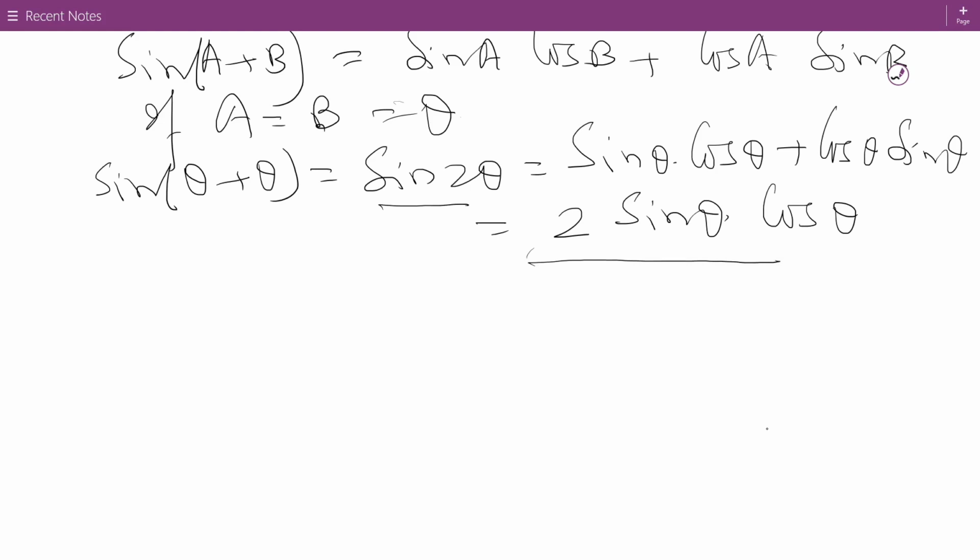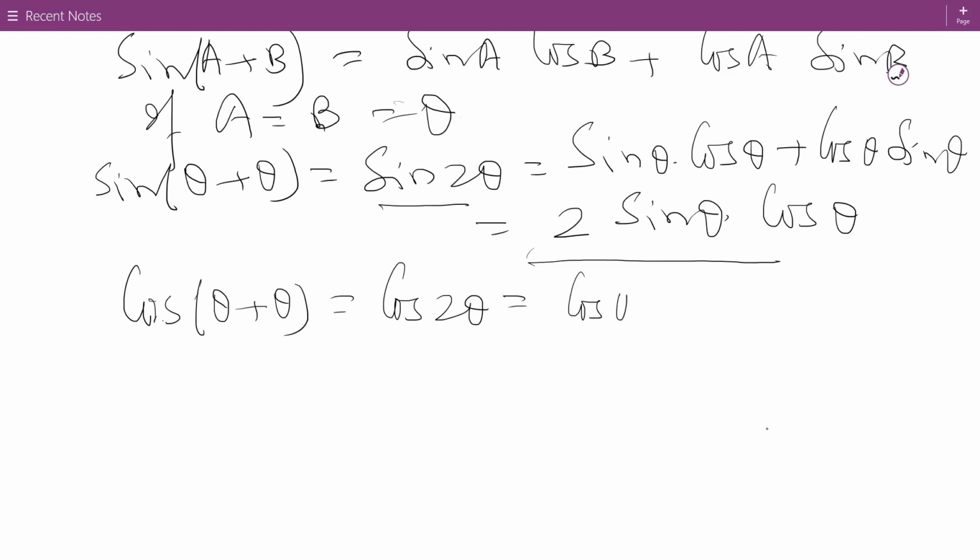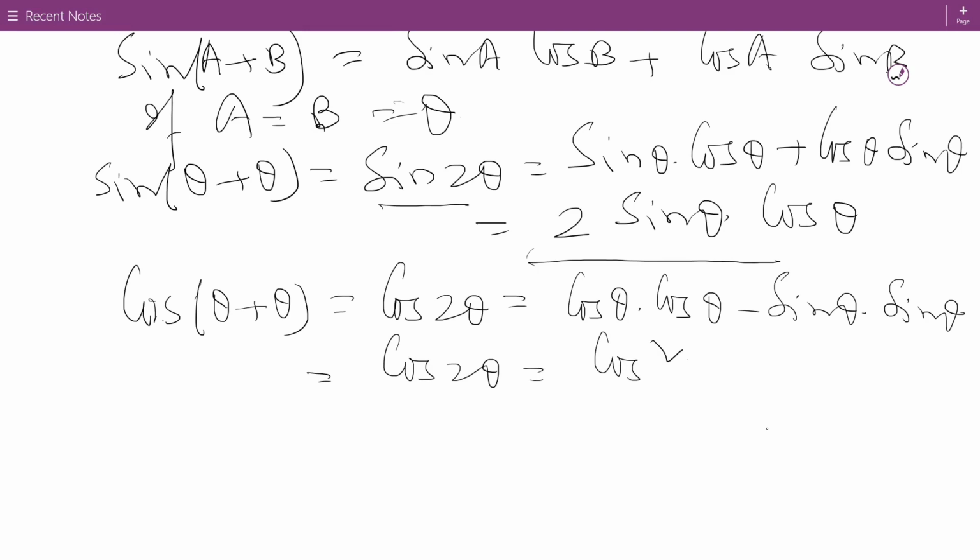If you write for cos theta plus theta, cos 2 theta, cos A into cos B minus sin A into sin B, that is cos 2 theta equals cos square theta minus sin square theta, one of the important relations.